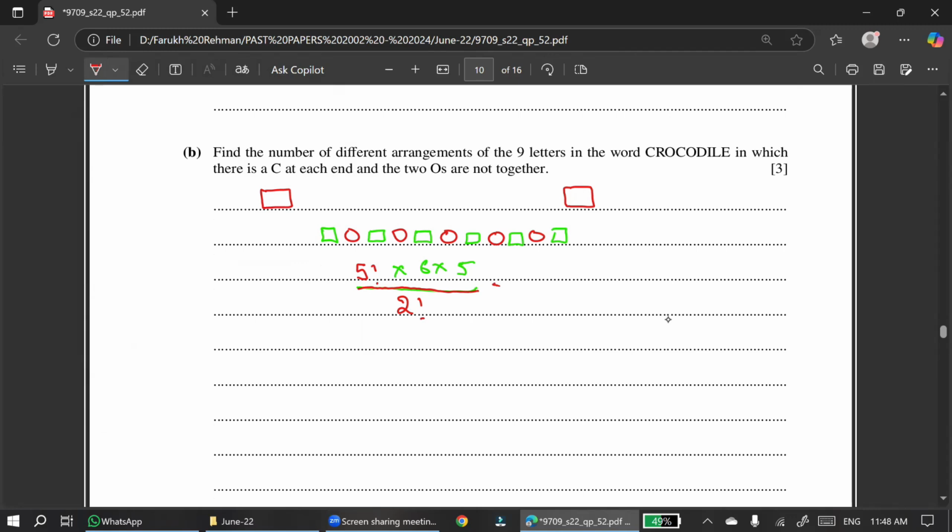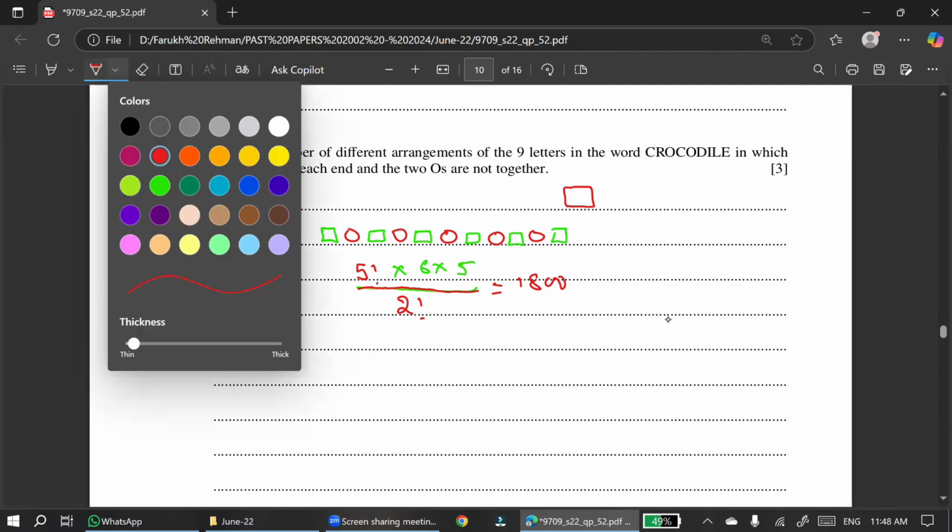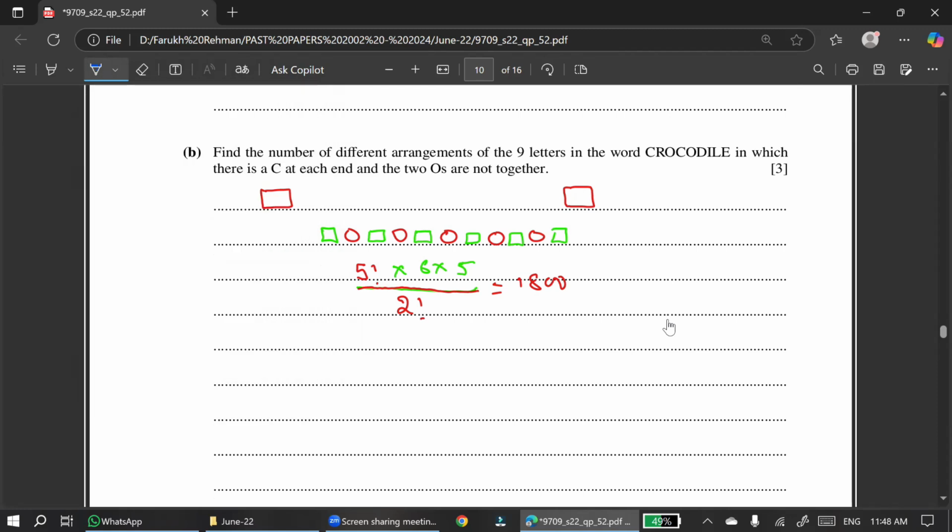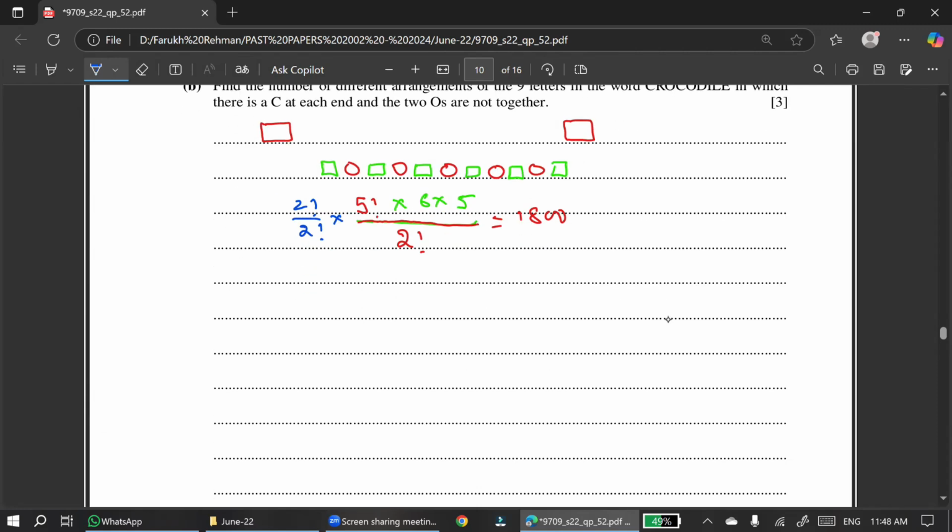And the answer is 1800. In 1800 ways, we can fix the 2 C's at the ends and the 2 O's are not together within the 7 letters. Now we can also add 2 factorial divided by 2 factorial for the 2 C's for clarification of the working.